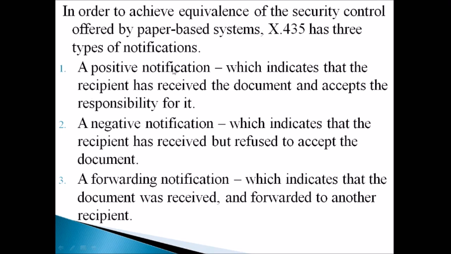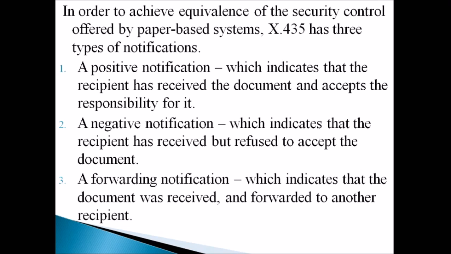Positive notification indicates that the recipient has received the document and accepts the responsibility for it. If the recipient received it and accepts the responsibility, then there will be a positive notification. A negative notification means that the recipient has received but refused to accept the document. They received it but refused to accept the responsibility.